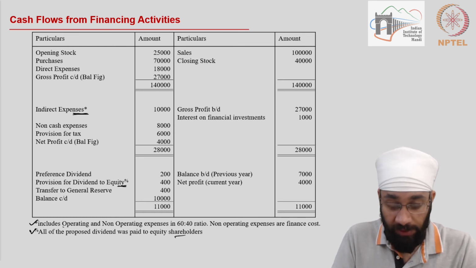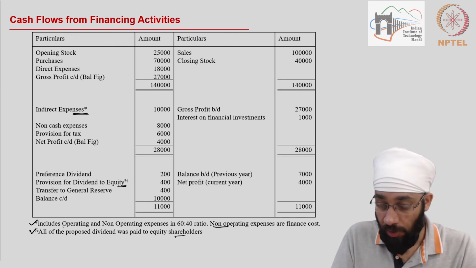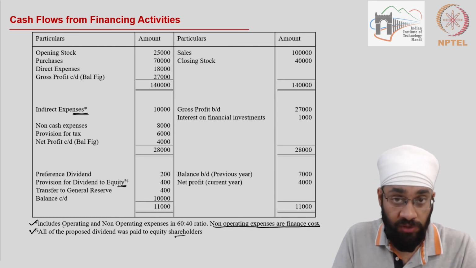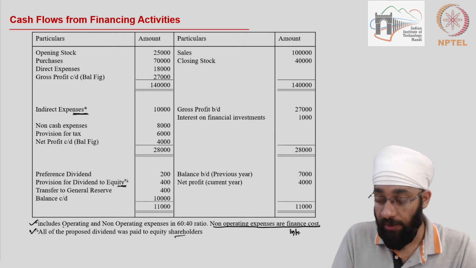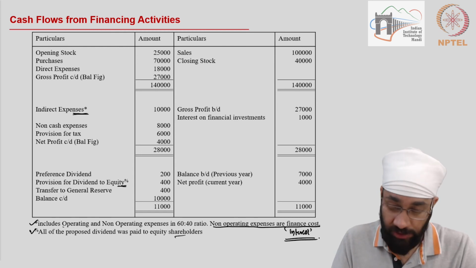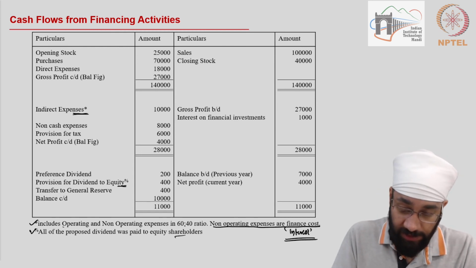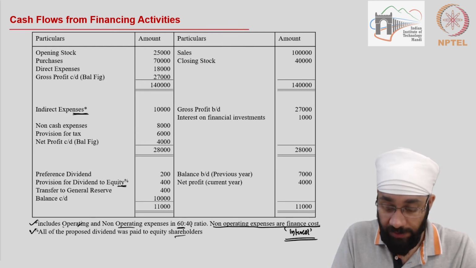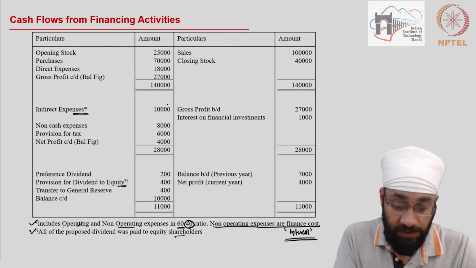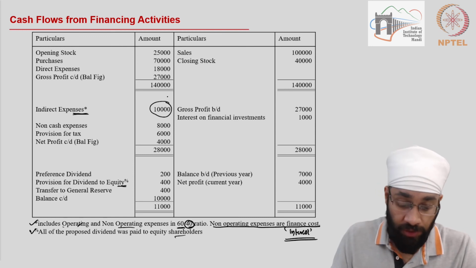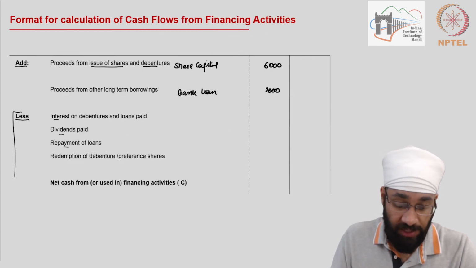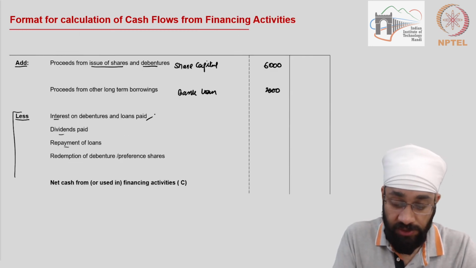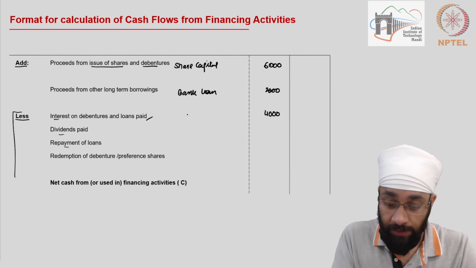It includes operating and non-operating, and non-operating expenses are finance cost. Finance costs are the interest expenses that you pay on loans, on debentures. So 60% is operating and 40% is non-operating. So 40% of 10,000 is 4,000. 4,000 is the finance cost. So interest on debentures and loan, 4,000. This is finance cost.